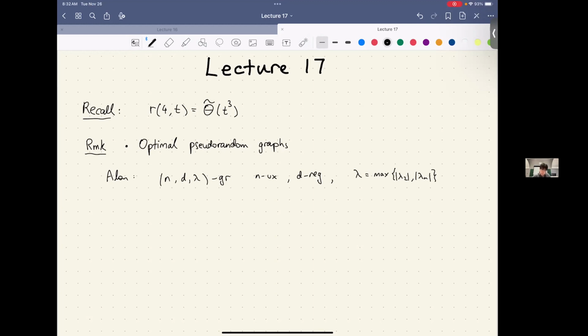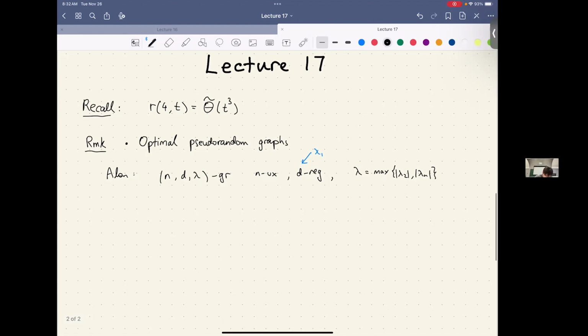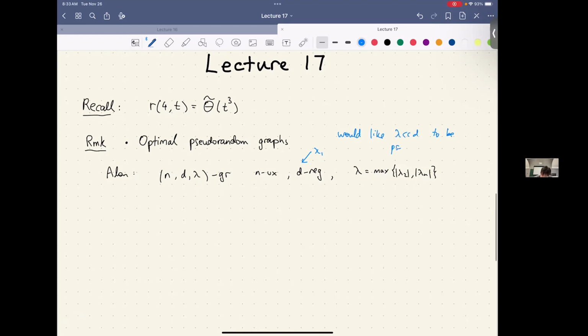So lambda 1 is d. But the remaining ones can be bounded in absolute value by lambda. And ideally, we want to have lambda much smaller than d to be pseudo-random, right? So we would like lambda to be much smaller than d to be pseudo-random.